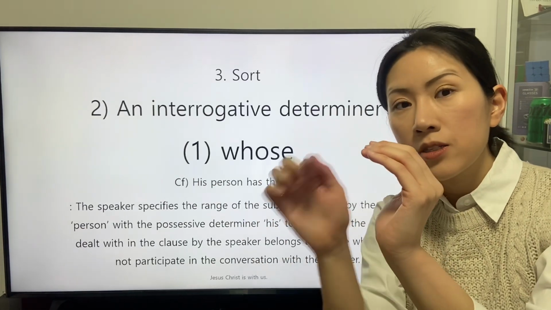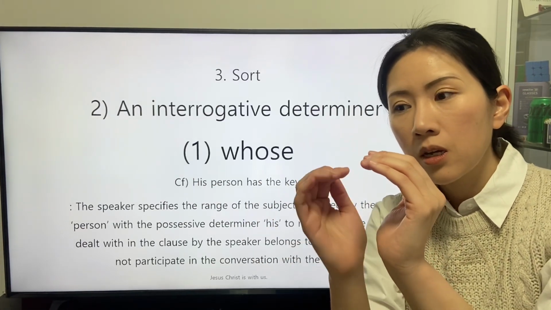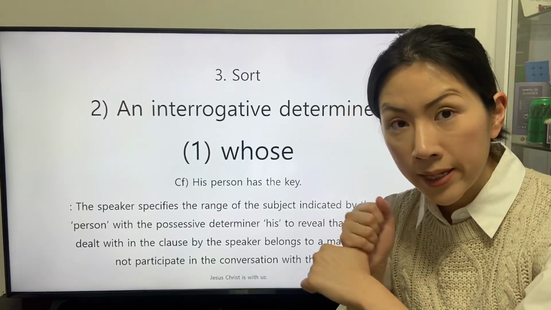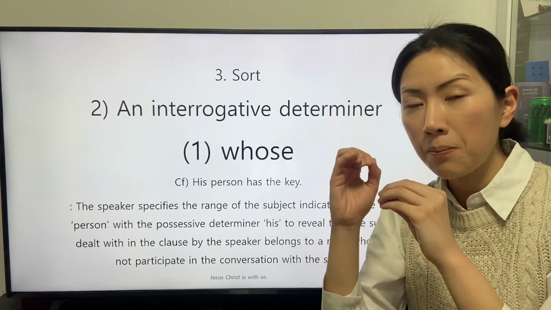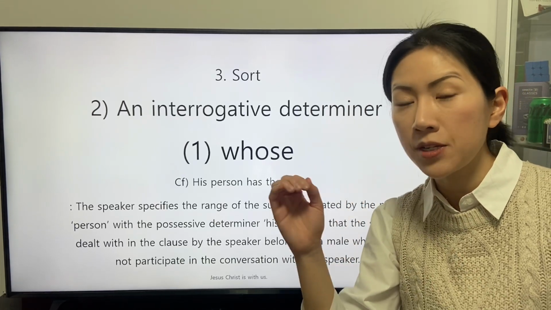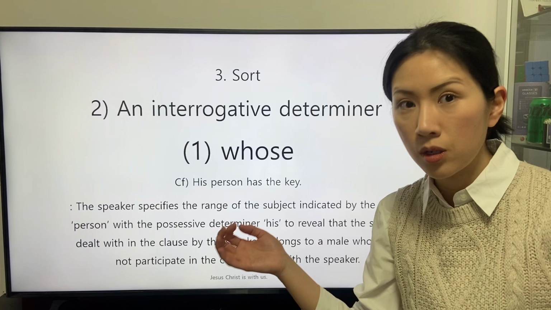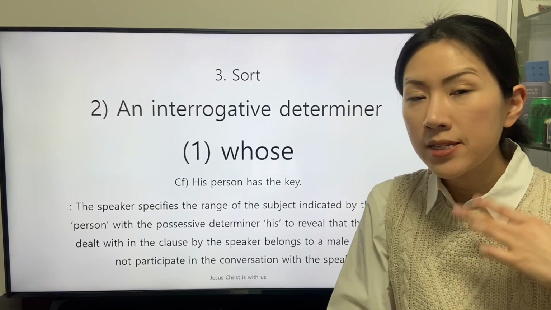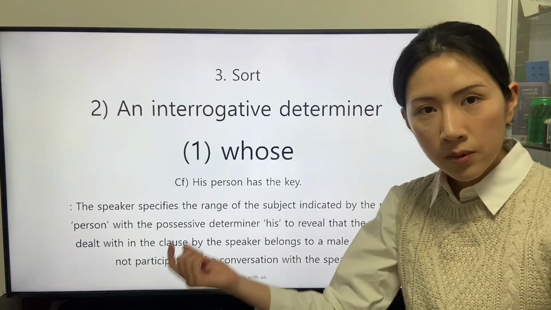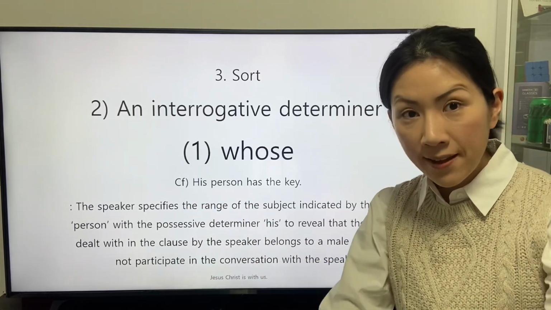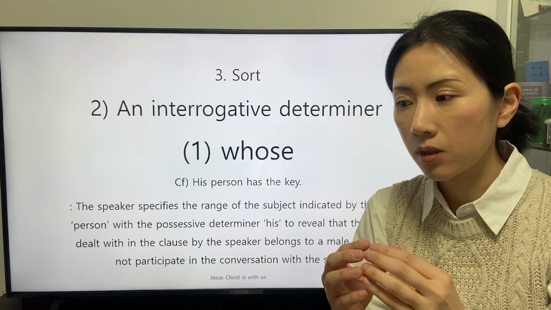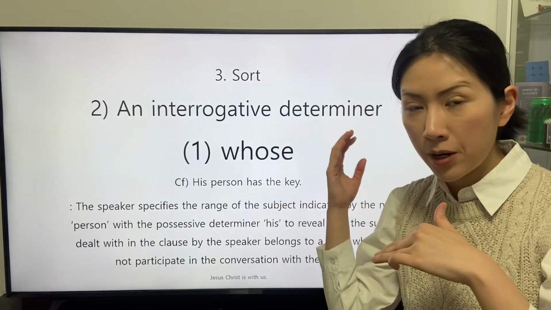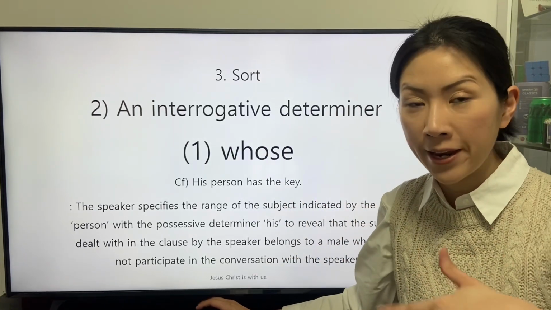The specified subject belongs to a person who is a male, and the male does not participate in the conversation with the speaker and the listeners. So we can say that the possessive determiner his corresponds to the interrogative determiner whose in the interrogative clause.